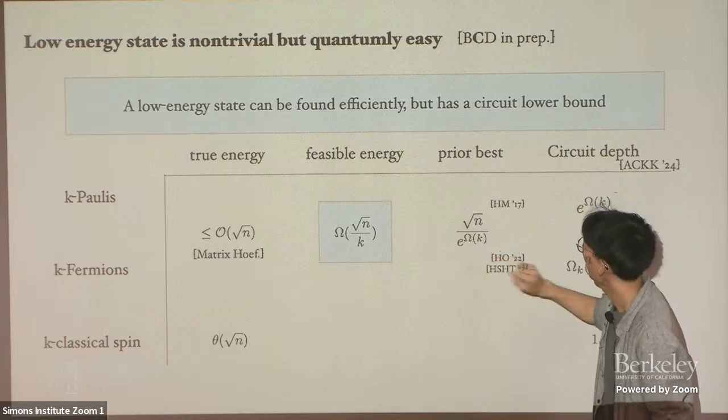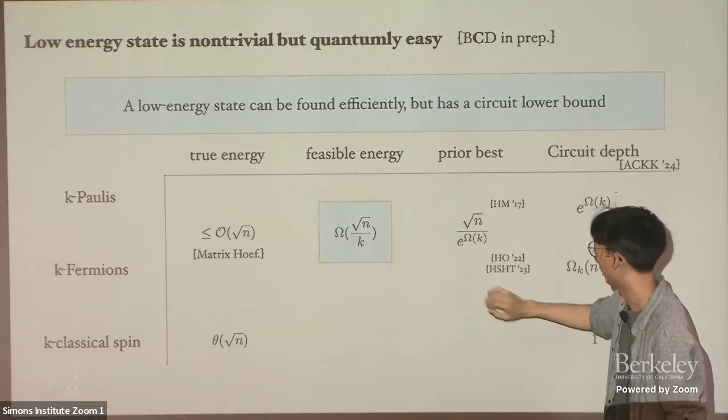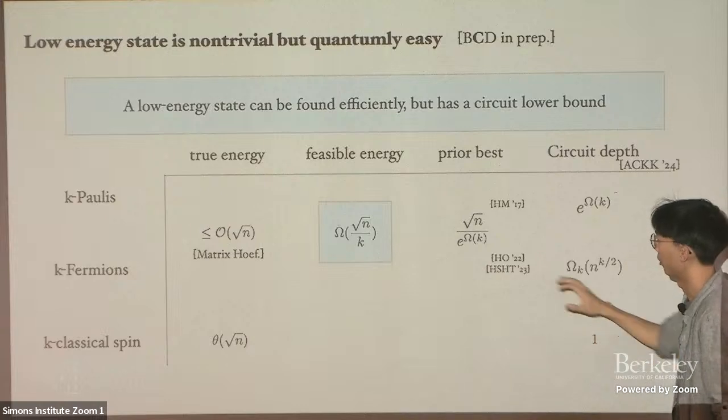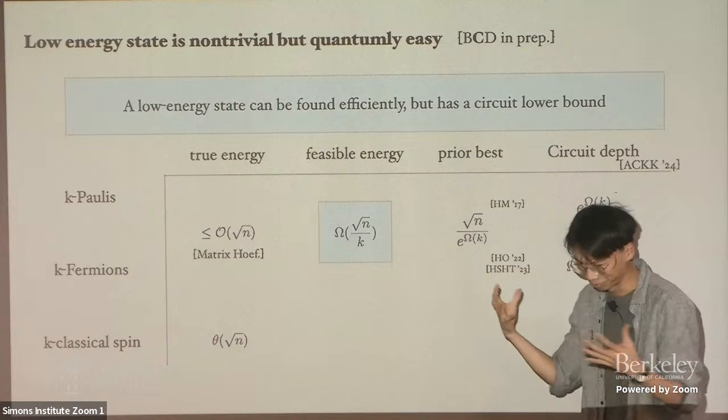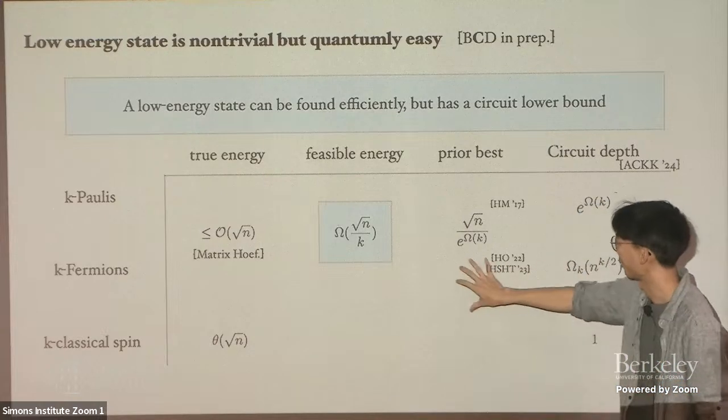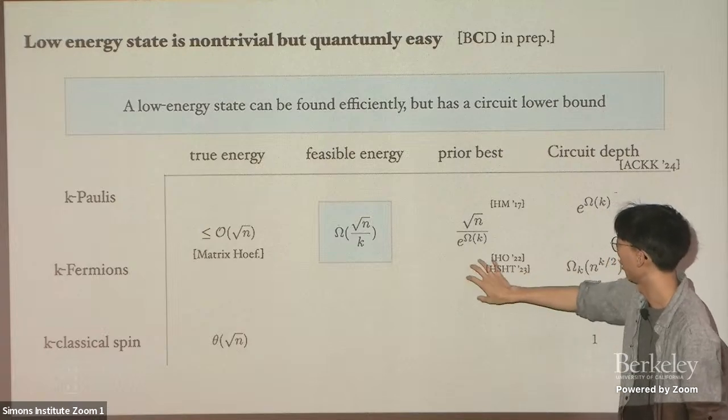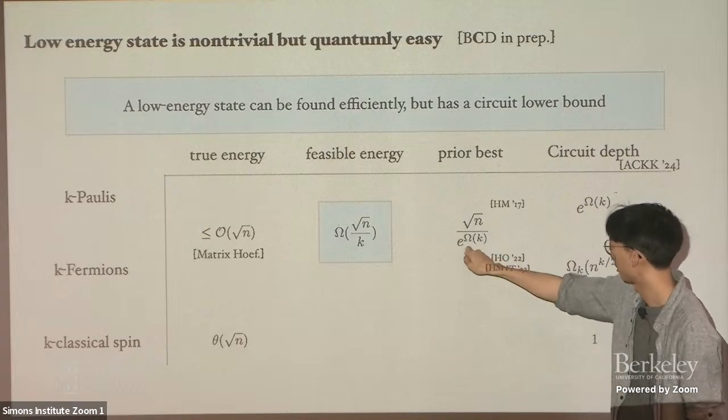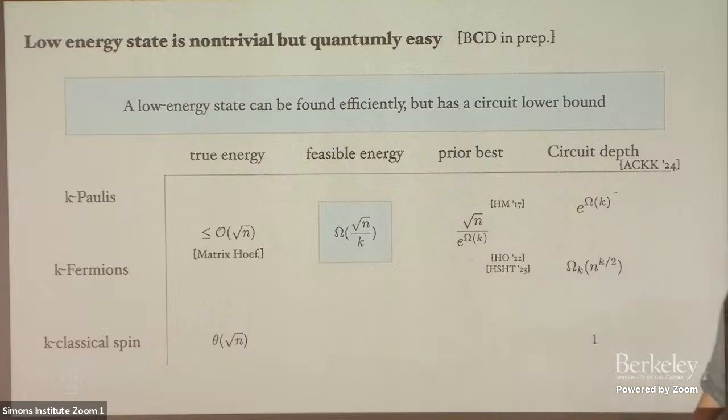And for fermions, probably the best is by Hastings and O'Donnell. They have some quantum algorithm that I wrote down. It's a little hard to interpret, but chasing through the constants, I assume that they also have this exponential dependence.